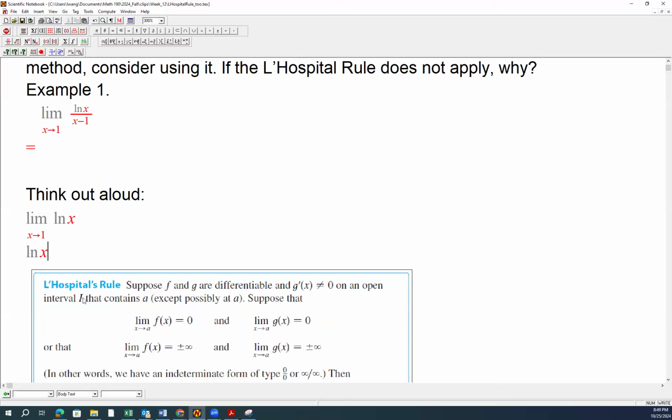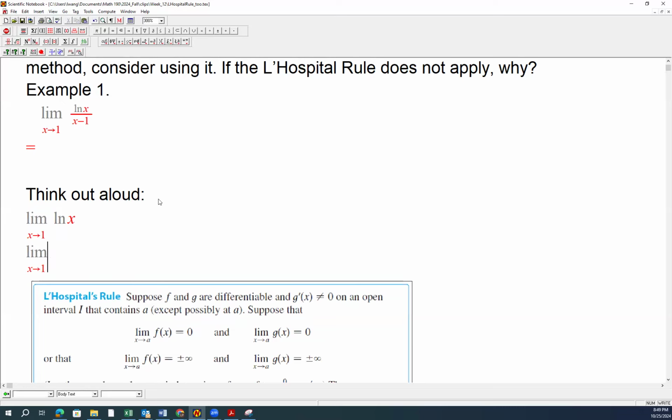And what does the denominator approach? The denominator is x minus 1.